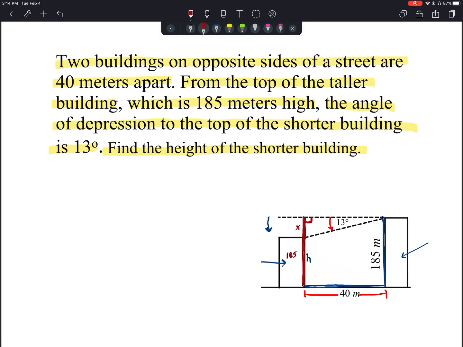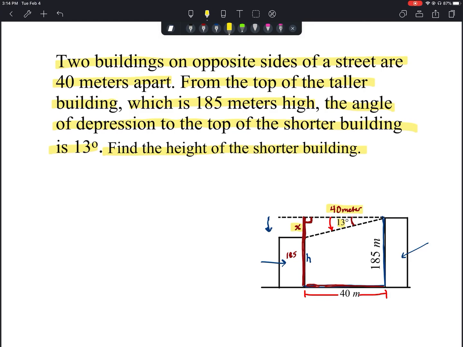I've got a 13-degree angle. This is my 13-degree angle. I've got here my right angle, and the opposite side of that 13-degree angle is x. And if you look at the ground, we said that the buildings are 40 meters apart. So that means they're going to be 40 meters apart on the top too. So we can use our adjacent side and our opposite side to help us figure out our trig ratio.